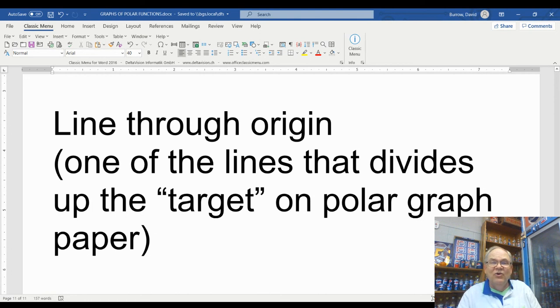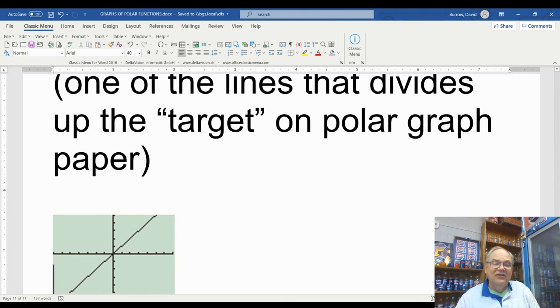Basically, you get one of those lines that was on the polar graph paper that you had to begin with that made up that big target for the polar graph paper. Here, I literally have what would be theta equals 45. And what you can see is that it's a line that goes right through the origin at 45 degrees. You do end up with that sort of graph.